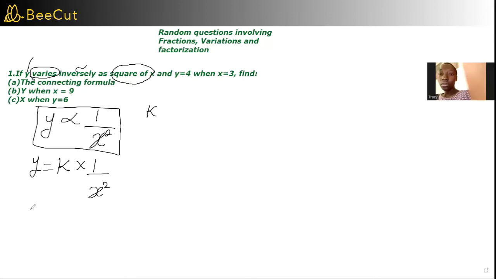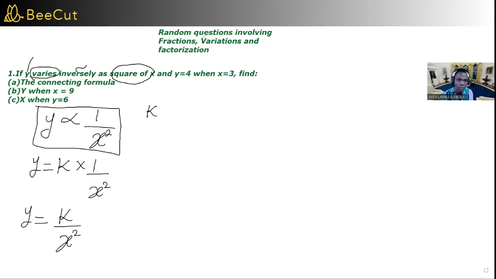That means y equal to K times 1, which is K, over x squared. Are you getting that now?